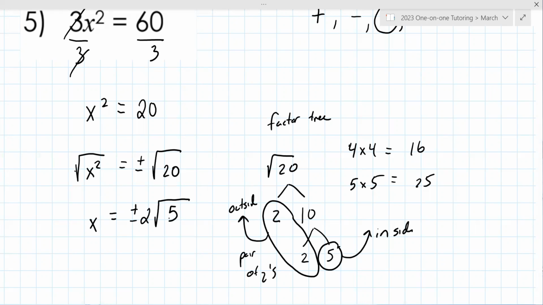Mm-hmm. Okay. And there's your answer. Okay, got it down.